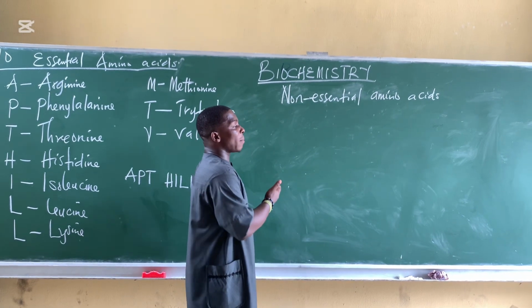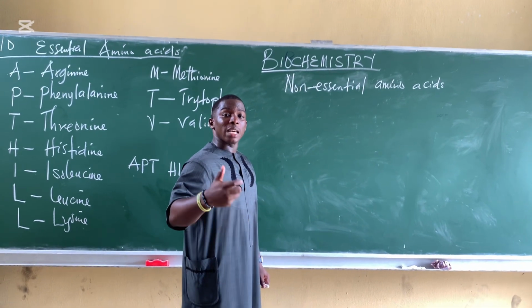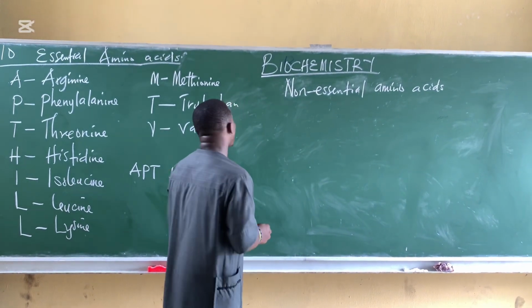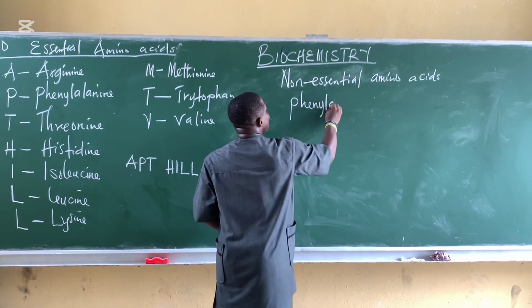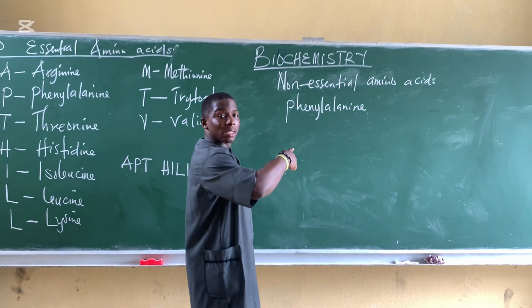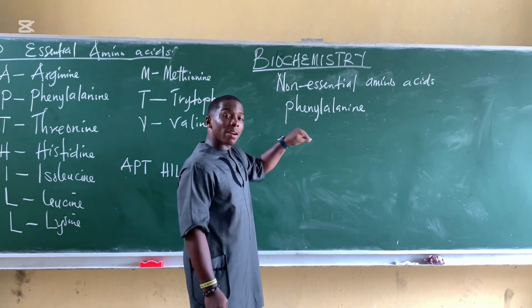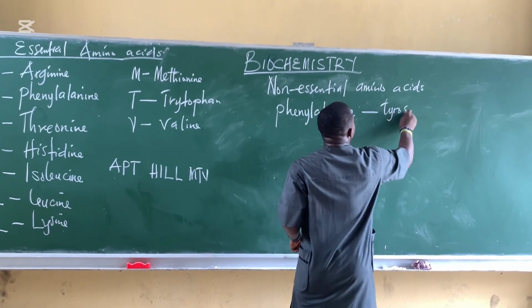These non-essential amino acids are gotten from direct conversion of the essential amino acids. An example is phenylalanine, which is an essential amino acid. Phenylalanine can be converted directly to a non-essential amino acid known as tyrosine.